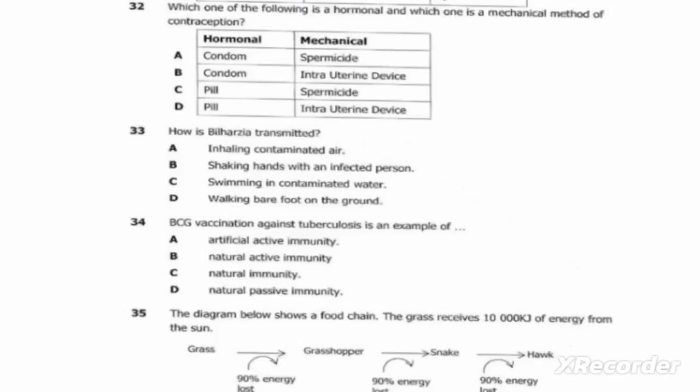We shift to the next question, which is question 32. The question reads, which of the following is a hormonal and which one is a mechanical method of contraception? The first column is hormonal, the second column is mechanical. Hormonal is the birth control method that involves hormones, while mechanical is the birth control method that involves a physical method.